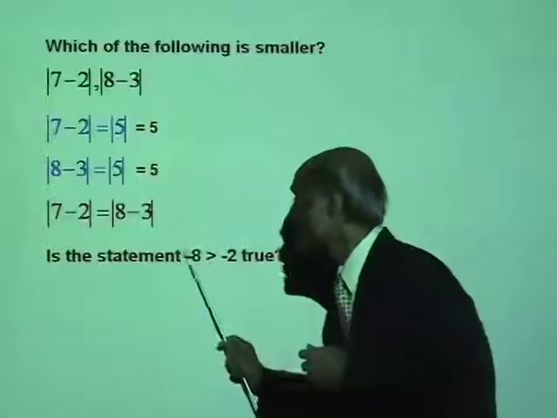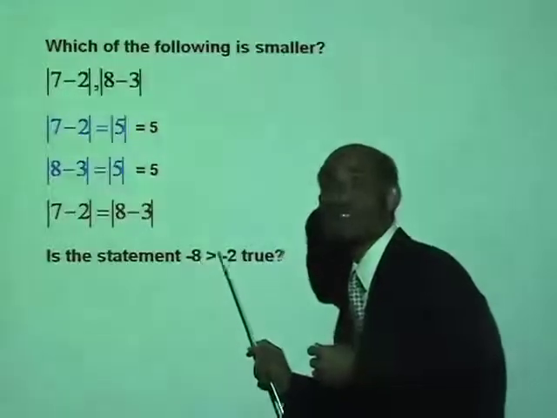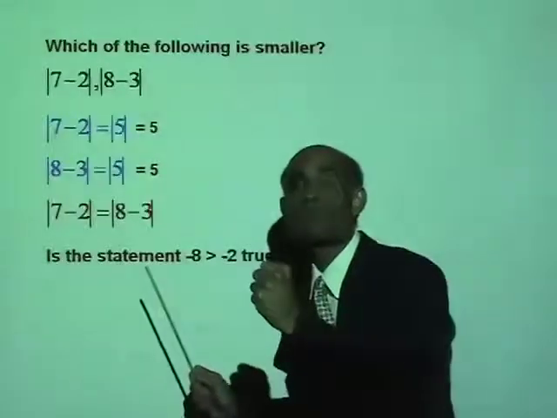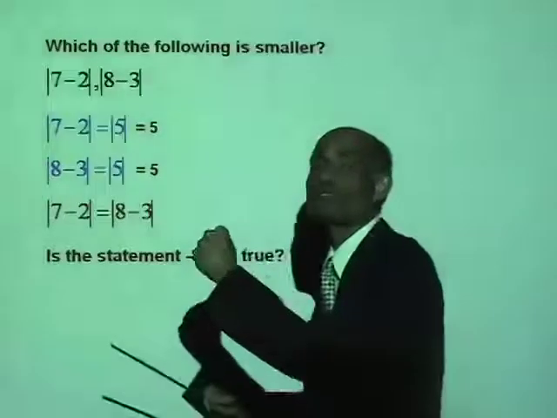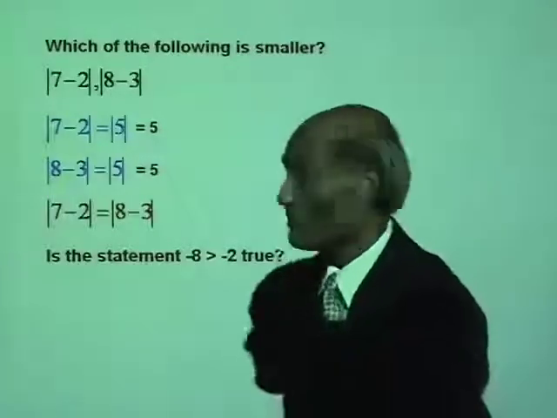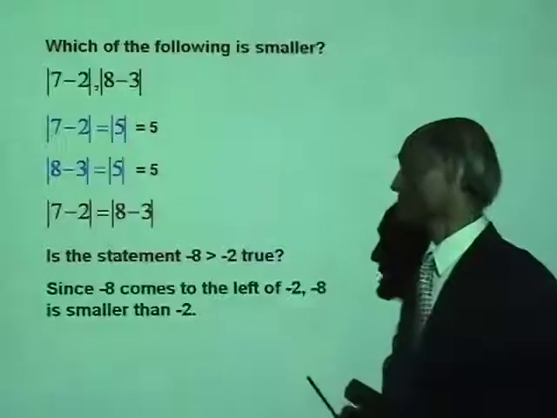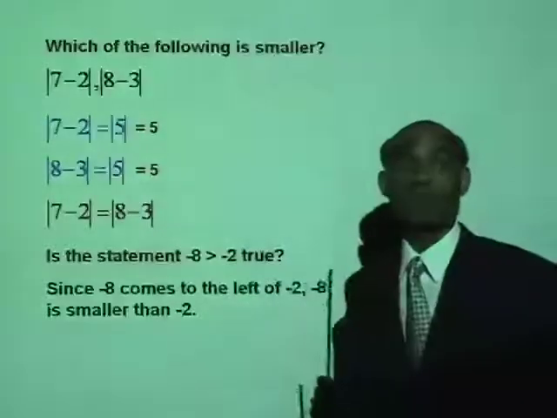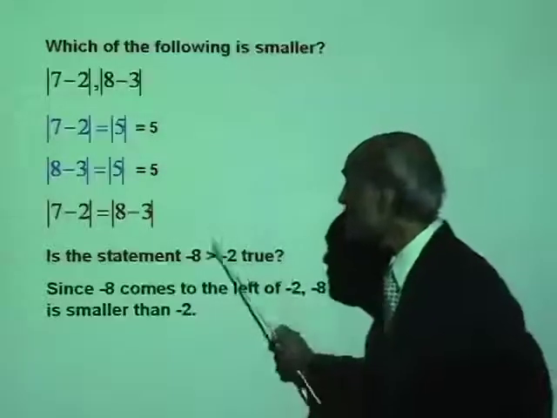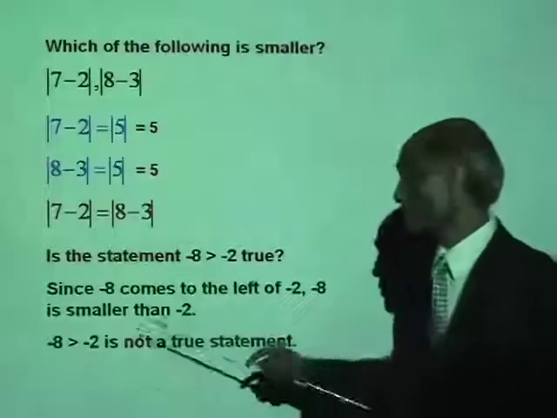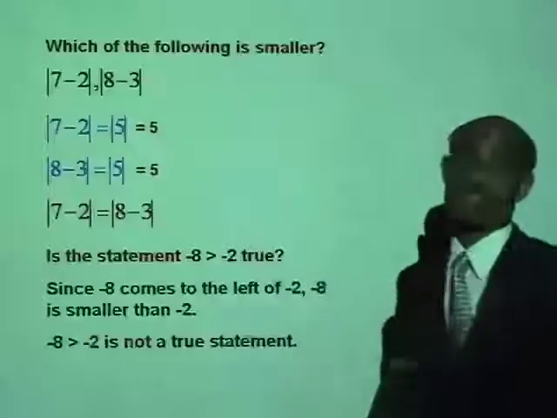If you say negative 8 is greater than negative 2, we are saying that negative 8 comes to the right of negative 2. Is that true? No. Therefore, this is not a true statement. Since negative 8 comes to the left of negative 2, negative 8 is less than negative 2. So this is not a true statement.